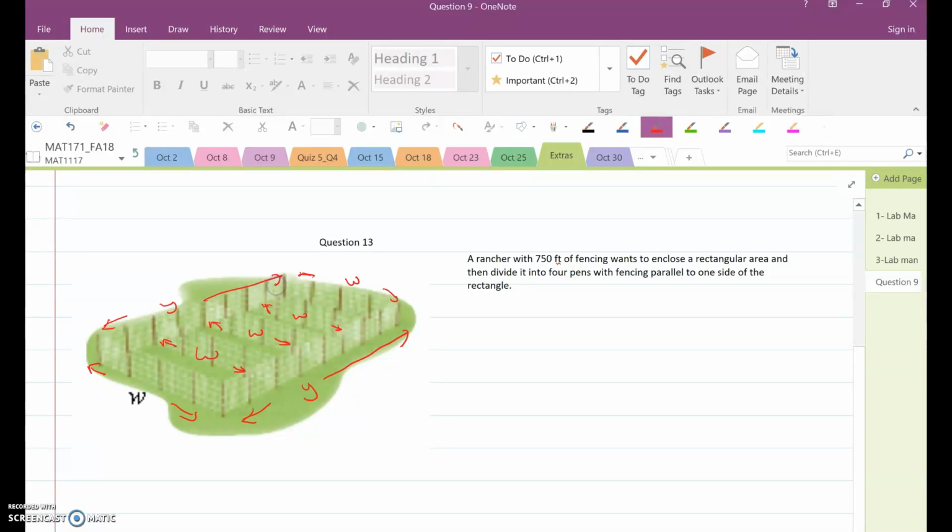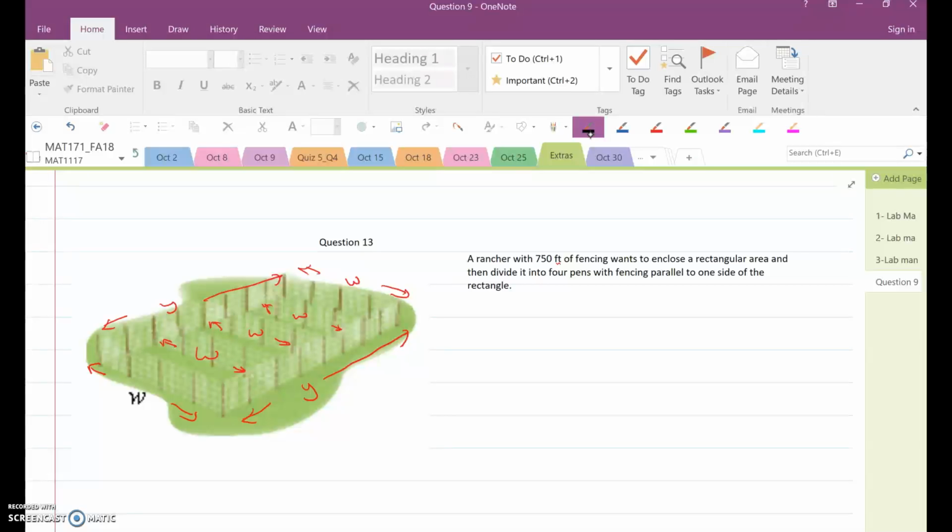Okay. So then they're asking the total area of the 4 pens. So our first job is to write down the W and Y in terms of each other.